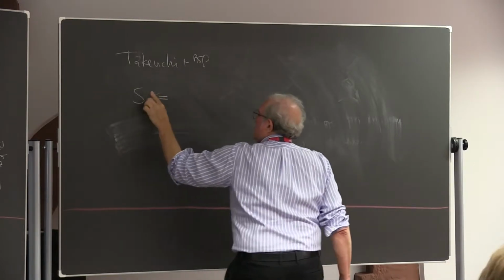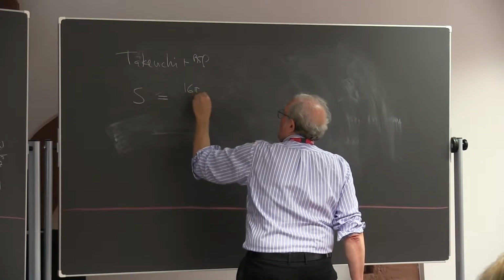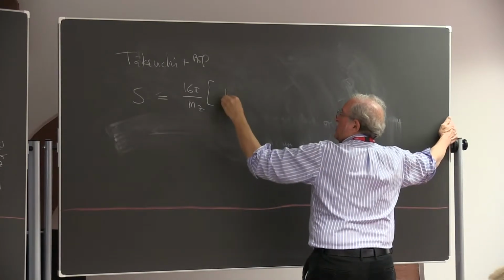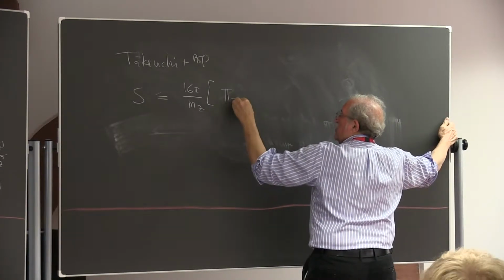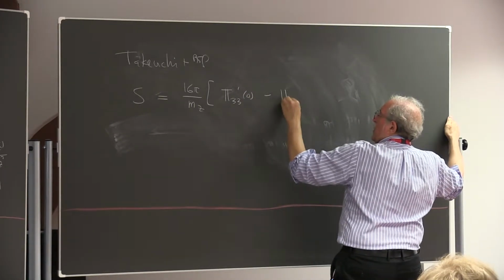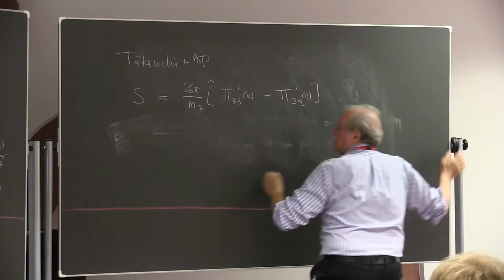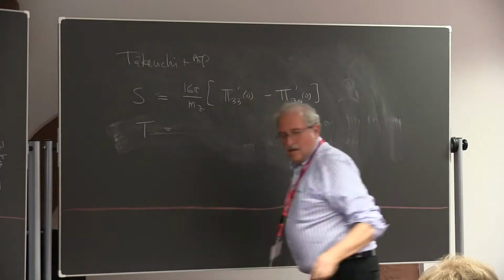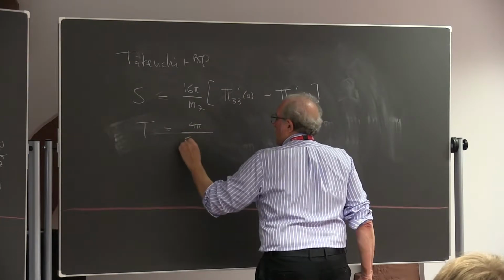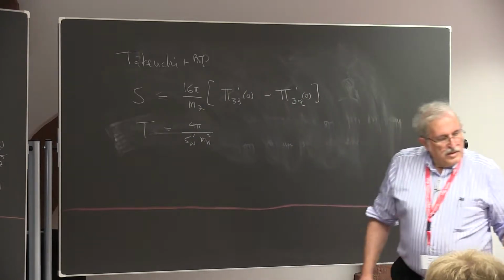We defined S to be, and these are totally arbitrary prefactors, 16 pi over m_Z squared, I guess the simplest way to write it is Π3Q'(0) minus Π33'(0). T as 4 pi over sine squared theta_W m_W squared. Is that right?